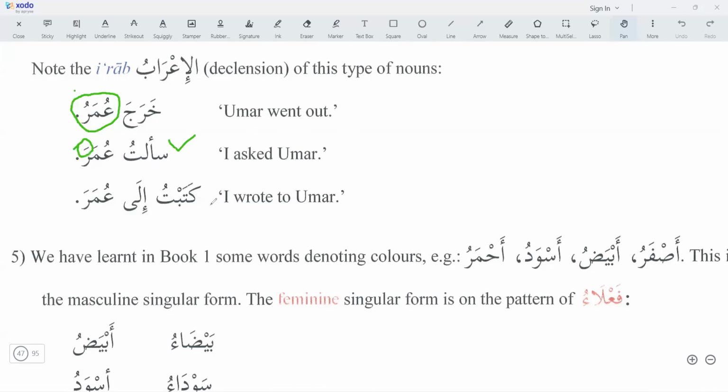I asked Umar. Katabtu ila Umara. Ila is a preposition and Umara should be majroor, but it is majroor with the fatha, not with the kasra. I wrote to Umar.